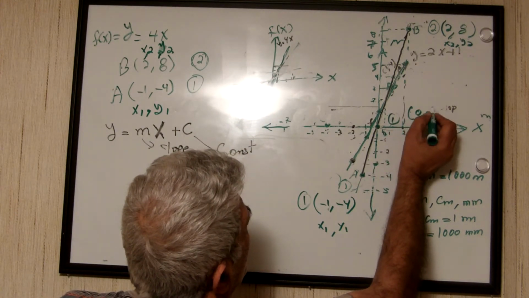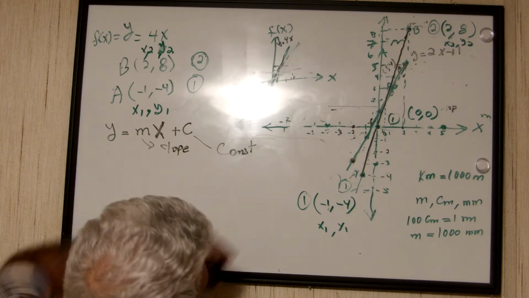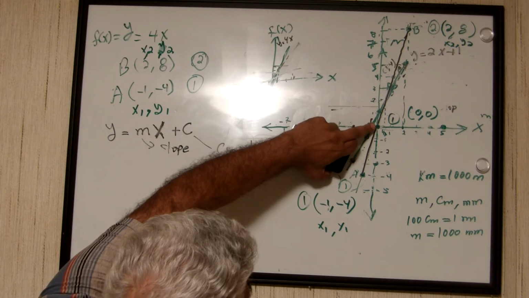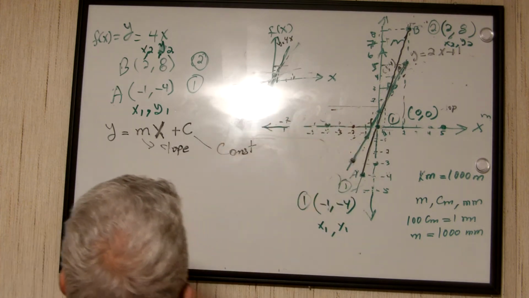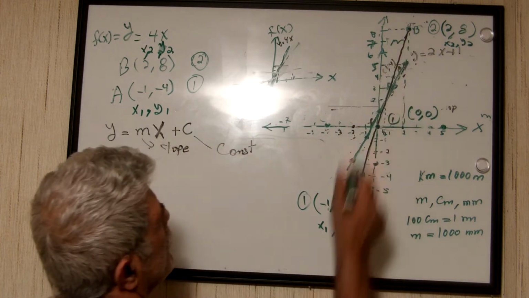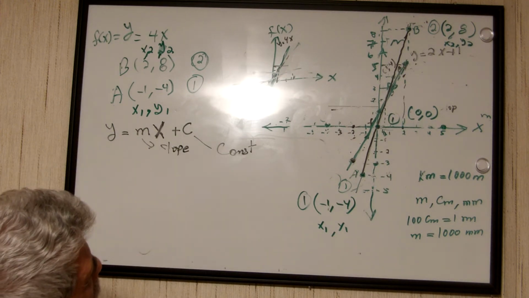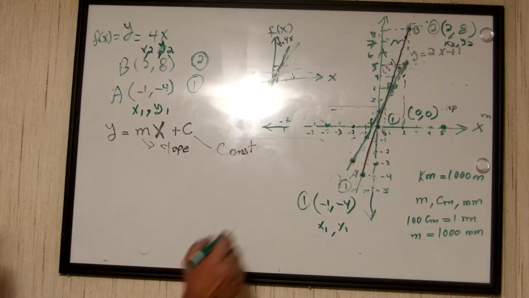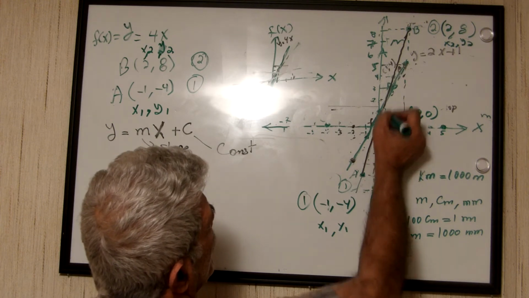0, 0. It passes through the origin. Point 1 has 0 x and 0 y because it's right there at the origin. Let's find these 2 points. We're going to find the slope of the same line, but at a different point, at this point and this point.